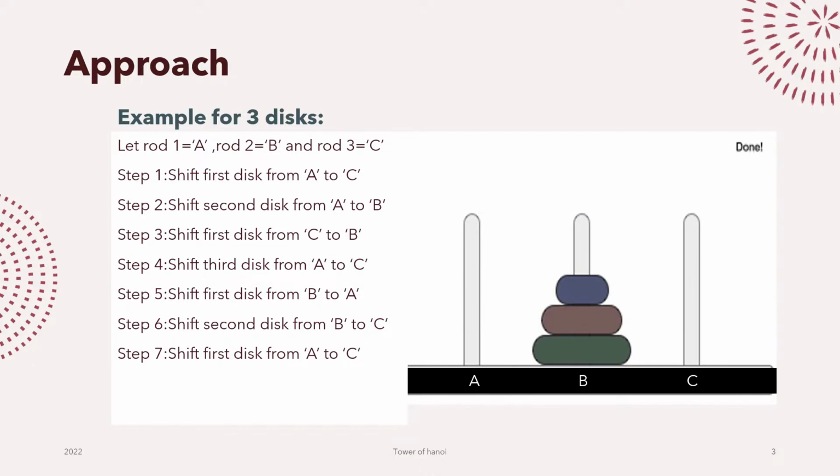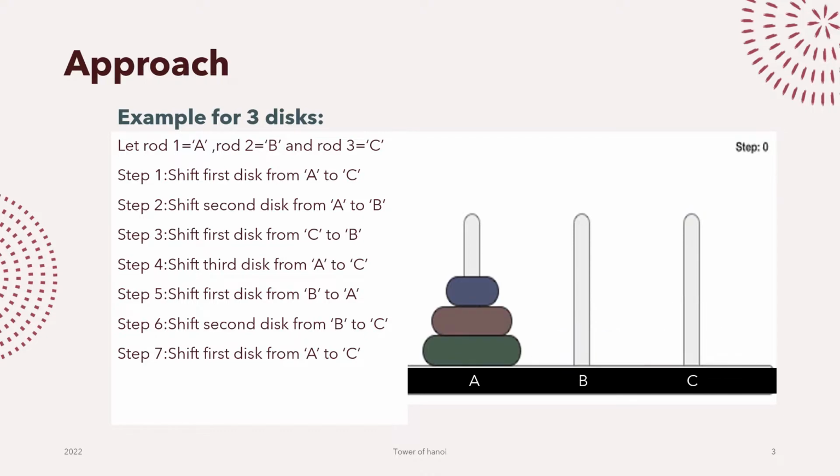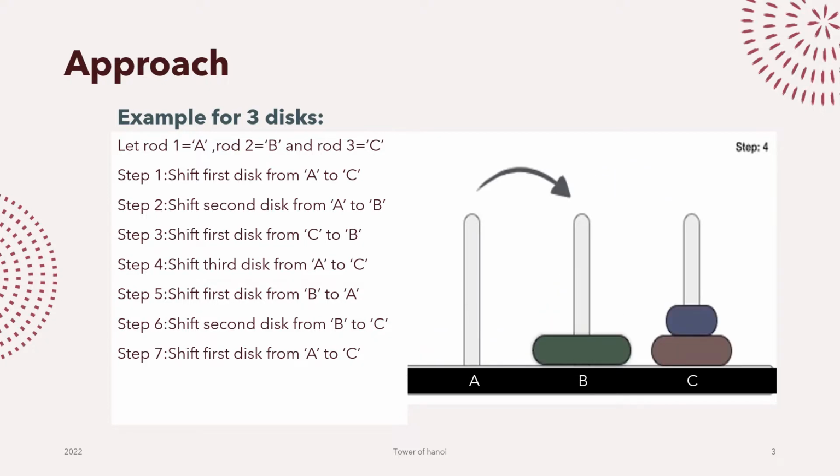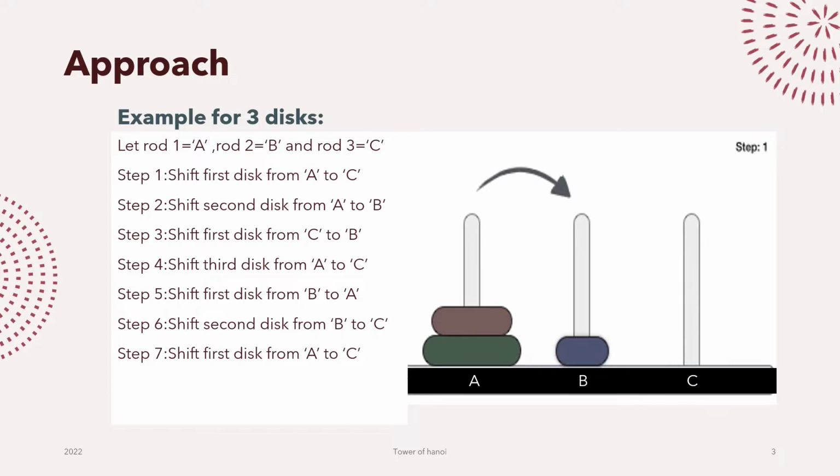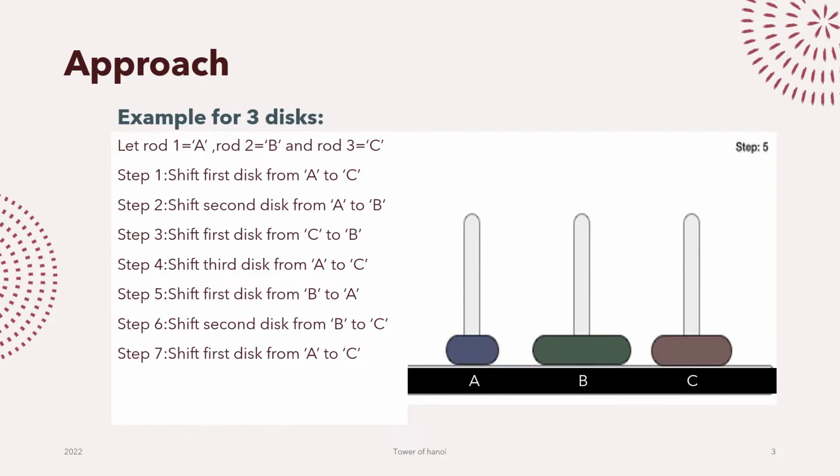Here we can see a pattern, that we are doing some work repeatedly. The first disk moves from A to C, then the second disk from A to B, then again the first disk from C to B, and again A to C, B to A, B to C, and A to C. So there is a pattern.